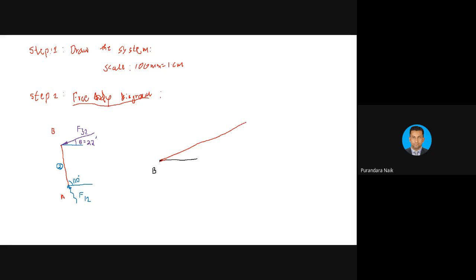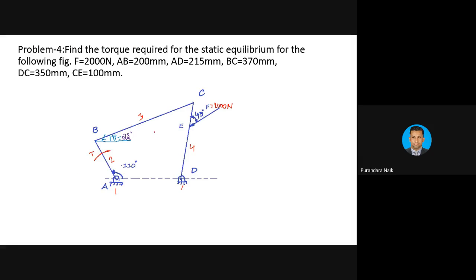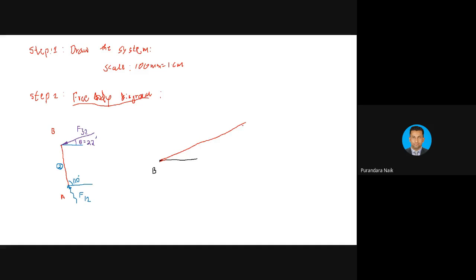What is the length? Length is BC, 370 means 3.7 centimeter, right? Okay, BC, this is C, this is theta 22.